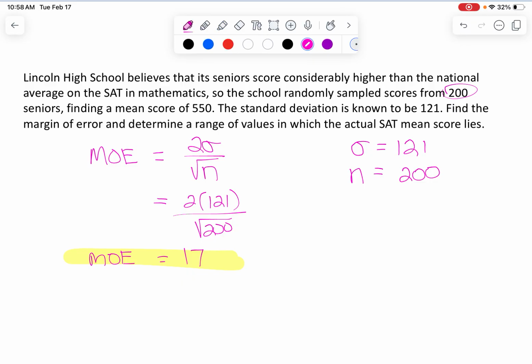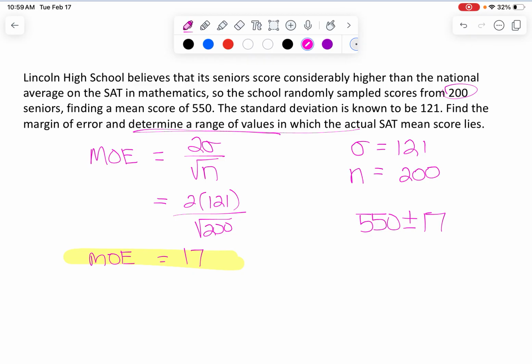Okay. Now it says determine the range of values in which the actual SAT mean score lies. Well, we know that it's 550. So I want to do plus or minus 17 to get the range, since my margin of error is 17.